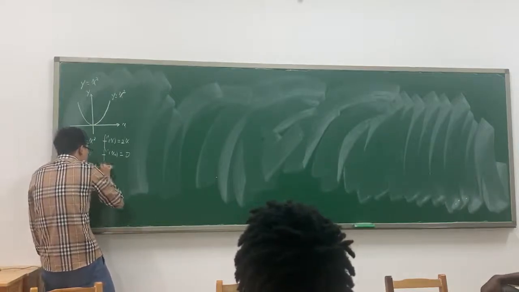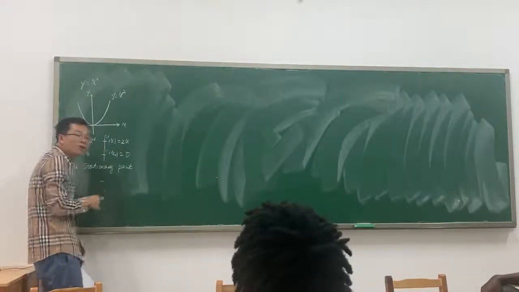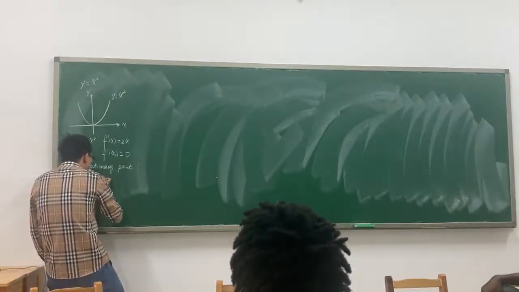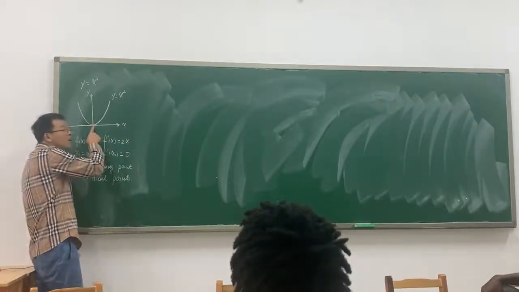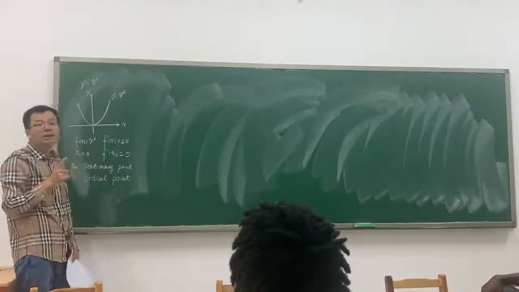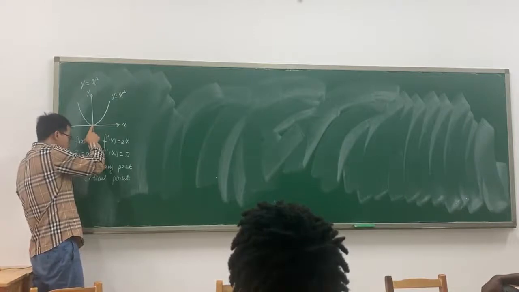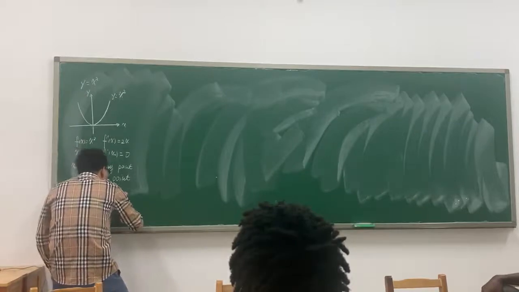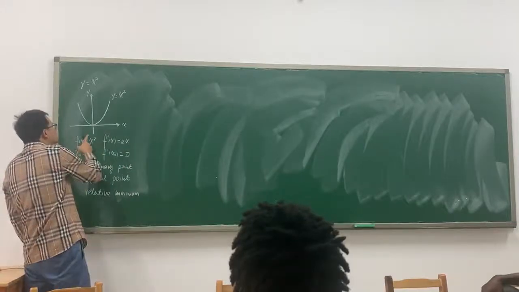Of course, it's also a critical point. From the graph, we can see that x0, 0, is a relative minimum, because it's the low point nearby. So this is the first example.